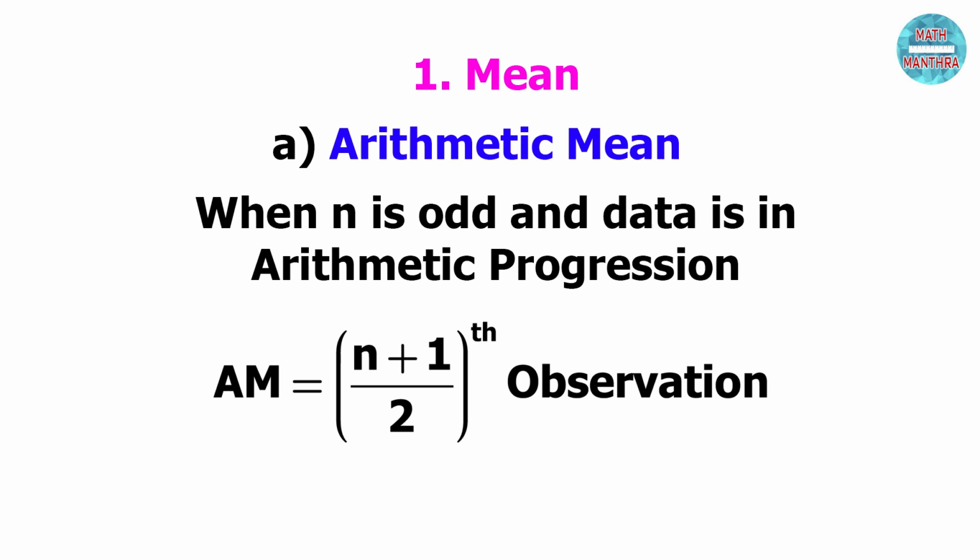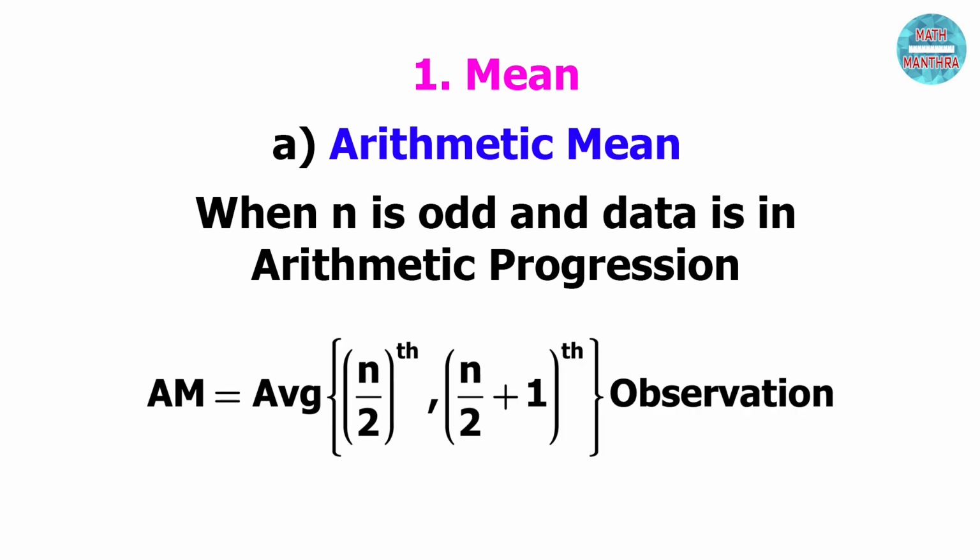When we consider the generalization, when n is odd and the data satisfies arithmetic progression, then the mean is the (n plus 1) by 2 th observation. That indicates the position of the observation: the (n plus 1) by 2 th observation gives you the mean.